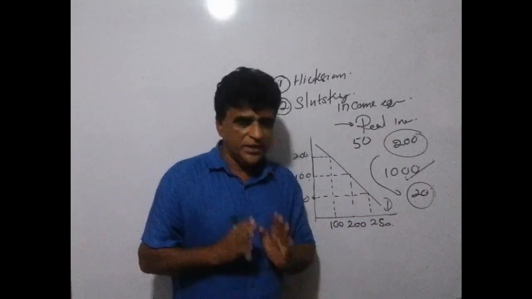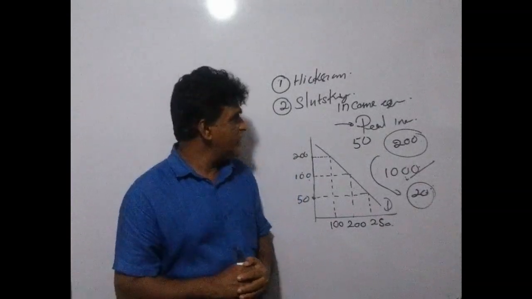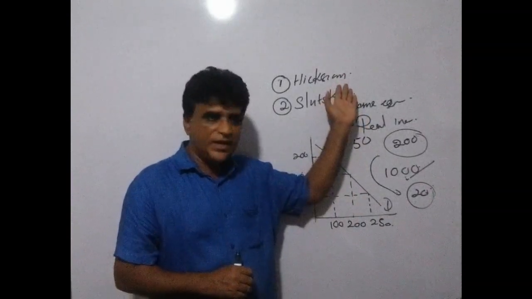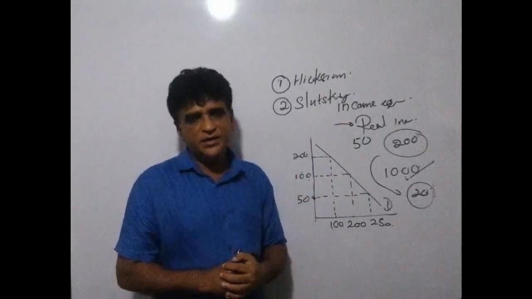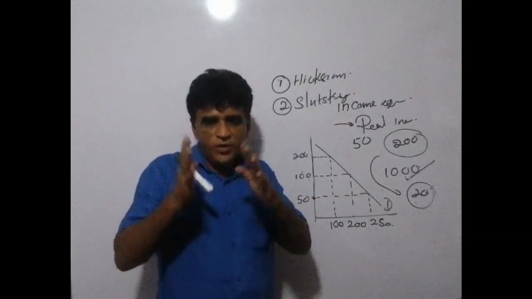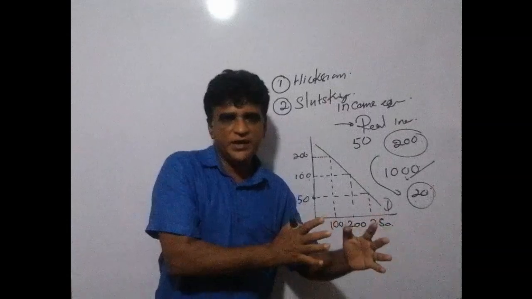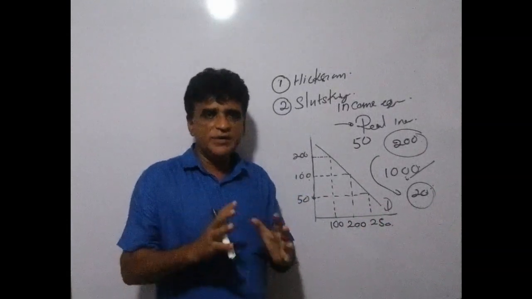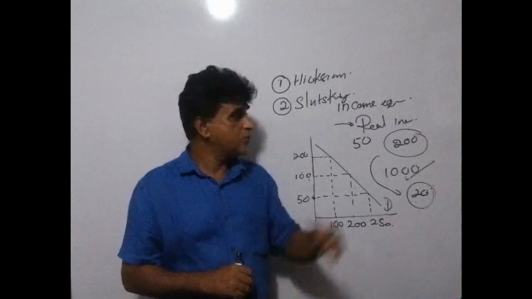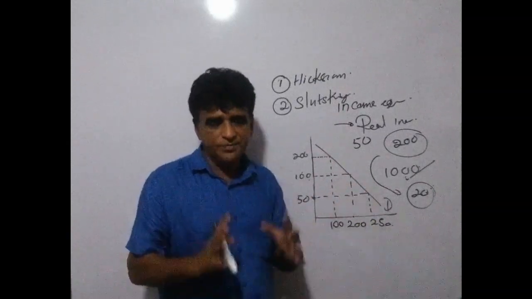Now we will go ahead to understand what Hicksian theory and Slutskyan theory are, and how we can separate the income effect and the substitution effect. And finally, we are going to derive a demand curve based on these two theories. It is a bit complex, so listen carefully. First, I am going to explain Hicksian theory.